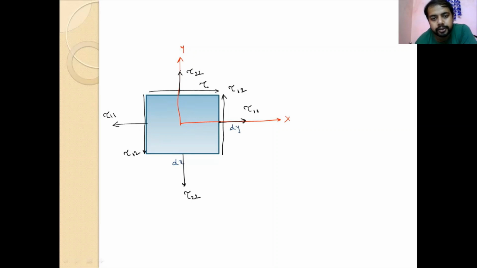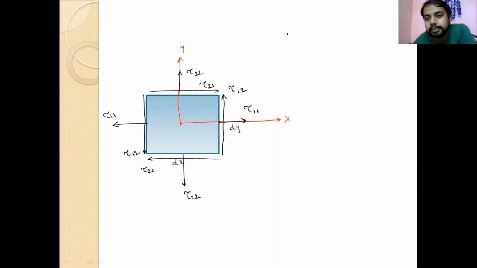About it, there is tau 2 1. These are the stresses acting over the two-dimensional fluid element.